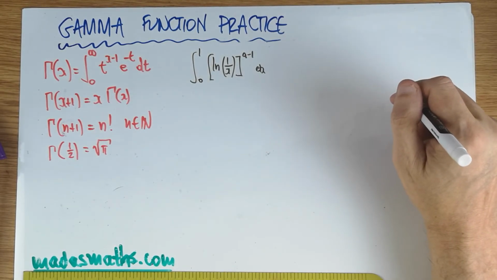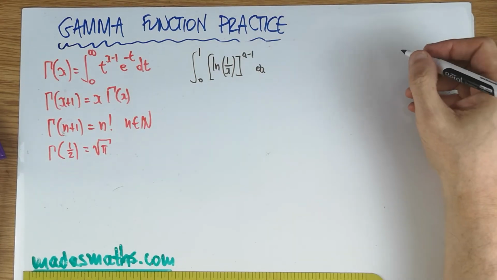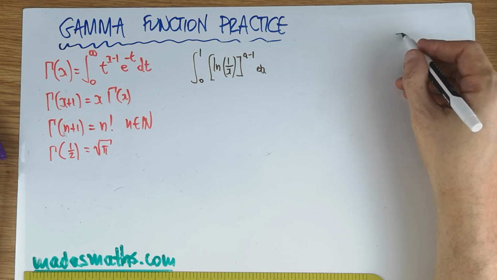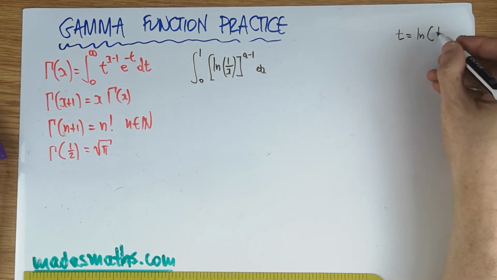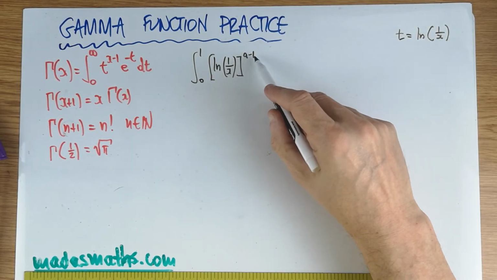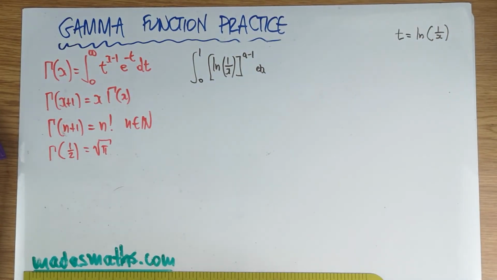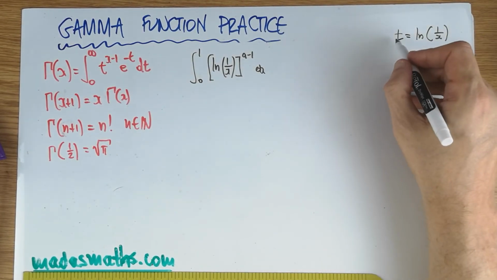I haven't got a clue where to start at first glance. So of course I have a clue, it's just that I'm trying to think what I'm going to do. I'm playing around with it. I'm going to say t is the log of 1 over x and hope for the best. So that's going to be t to the a minus 1. I'm not quite sure what I'm doing, if I'm going to be entirely honest with you. Actually, no, I can say what I need to do now.